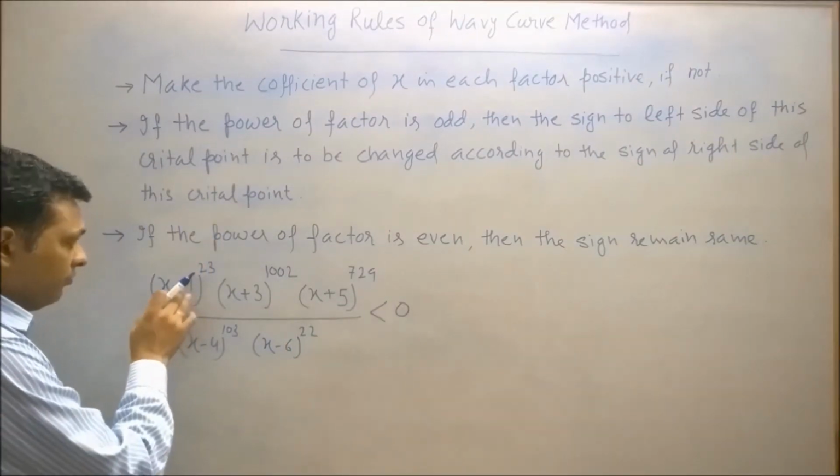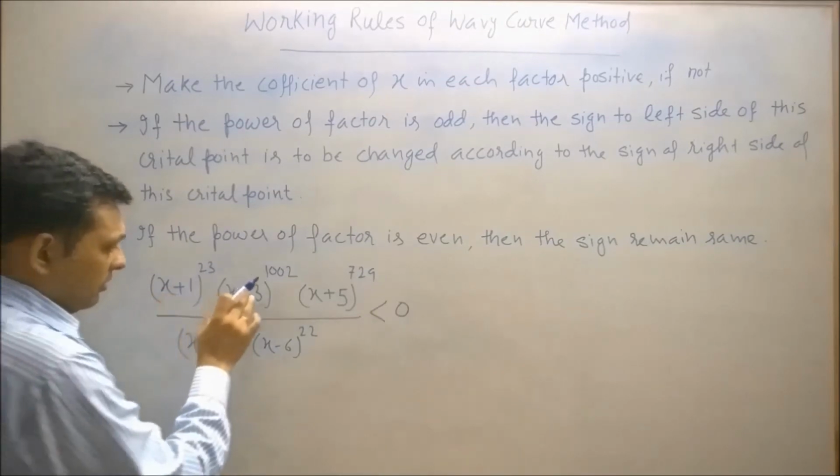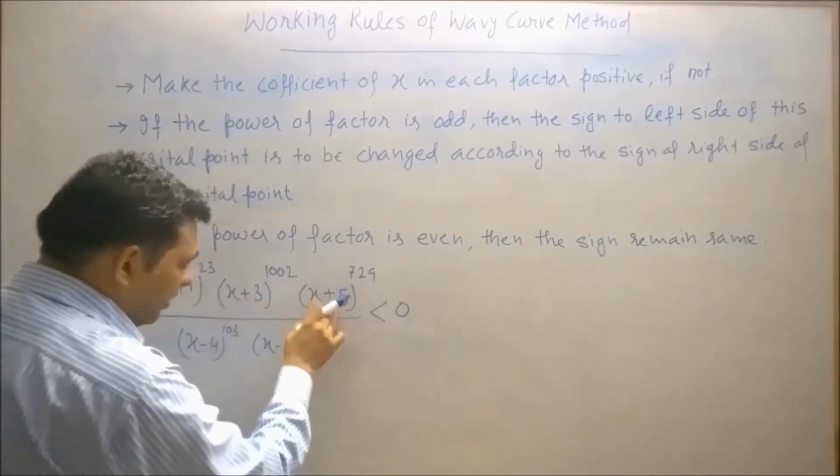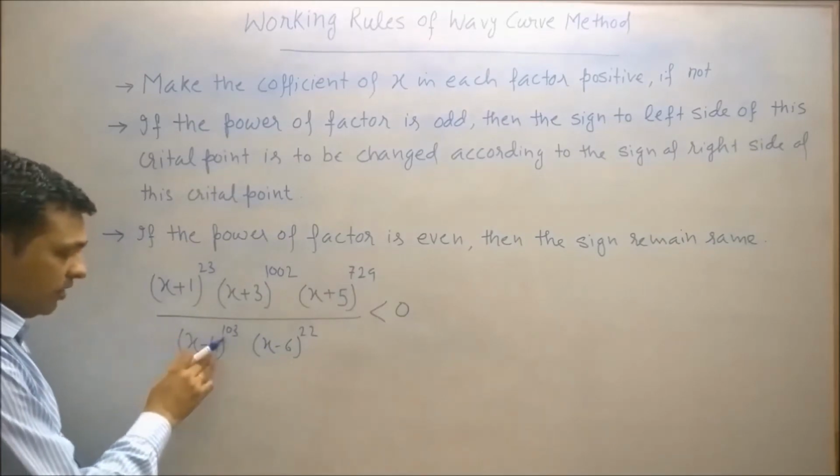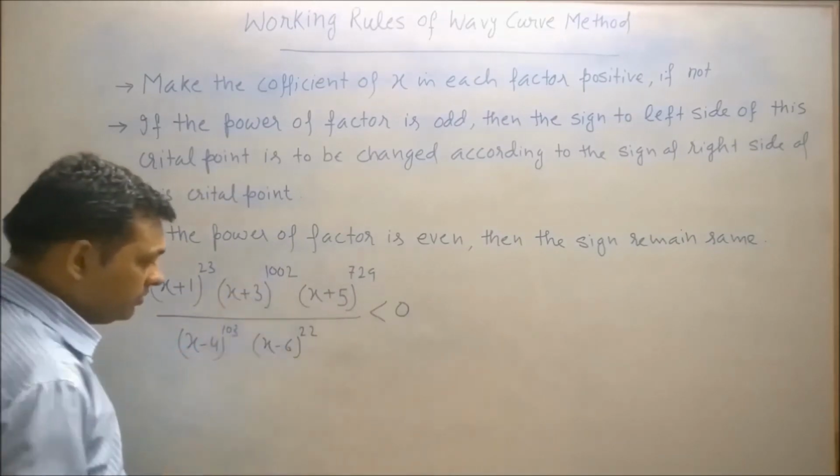Critical points will be minus 1 for this factor, minus 3 for this factor, minus 5 for this factor, plus 4 for this factor, and plus 6 for this factor.